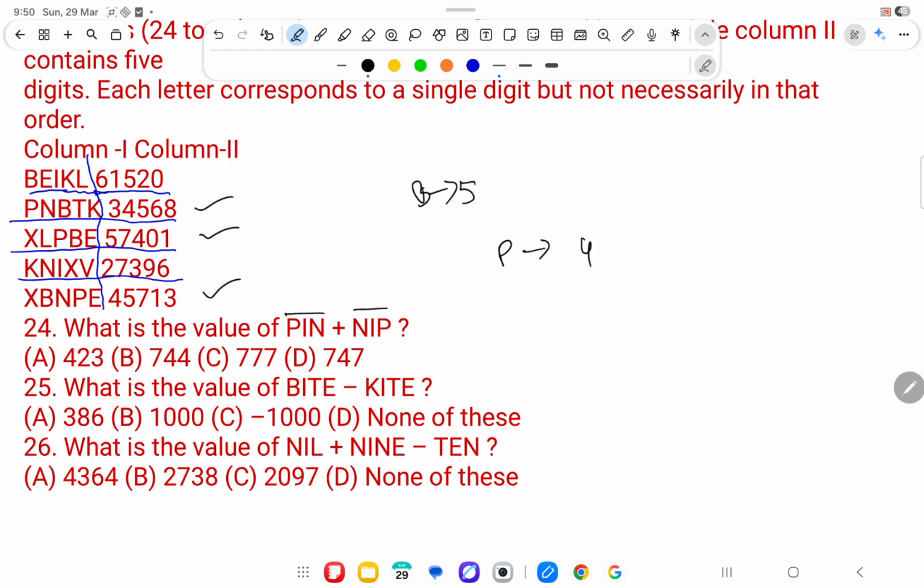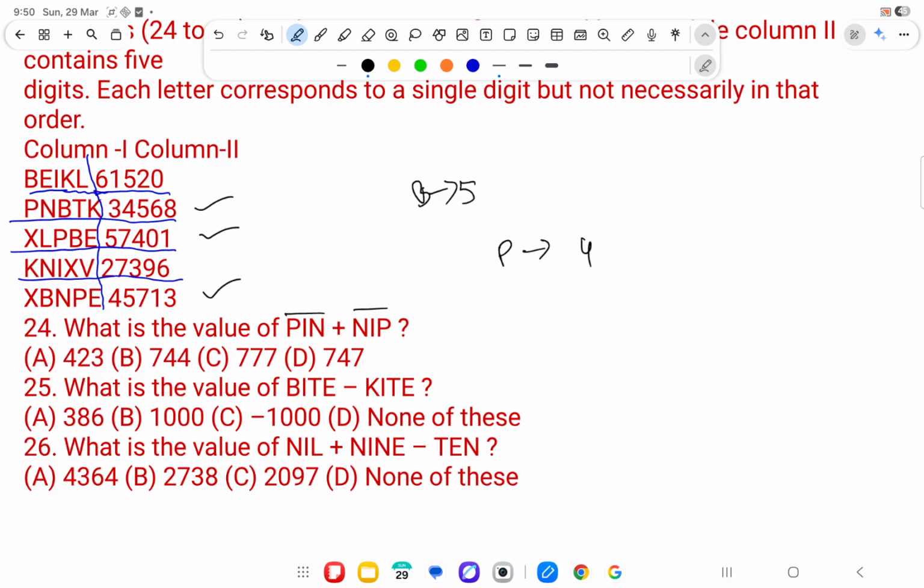Then I. I is there in first and fourth. Along with I, is there any other letter repeated? No, no other letter repeated. So first and fourth, only one number in common. Along with I, one more letter is there: K. Is K repeated anywhere?